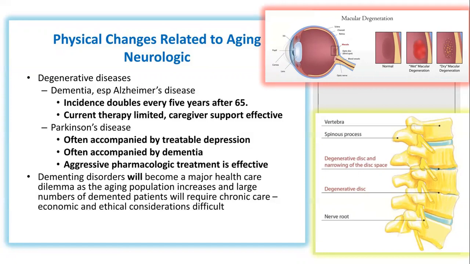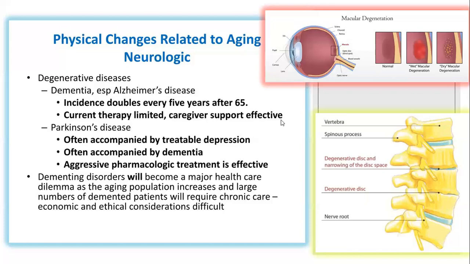Or a degenerative disc problem, narrowing the root as well. Another problem that occurs is what we call macular degeneration. This is normal, but here we can see a blood clot, wet macular degeneration, and here dry macular degeneration. So macular degeneration is also a physiological change related to aging.